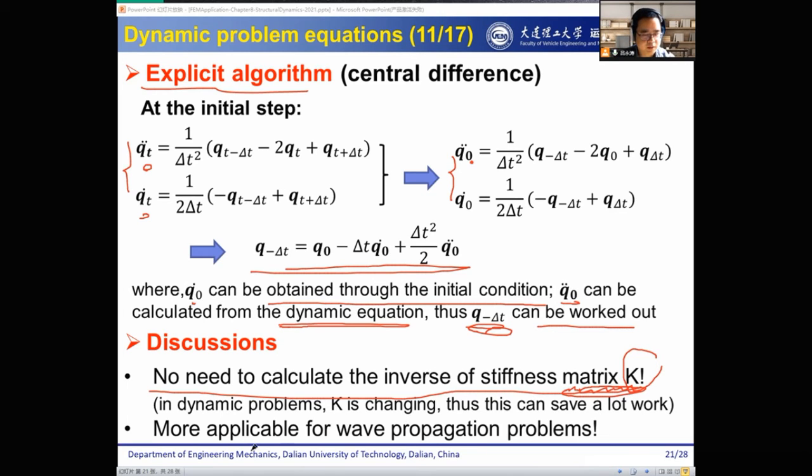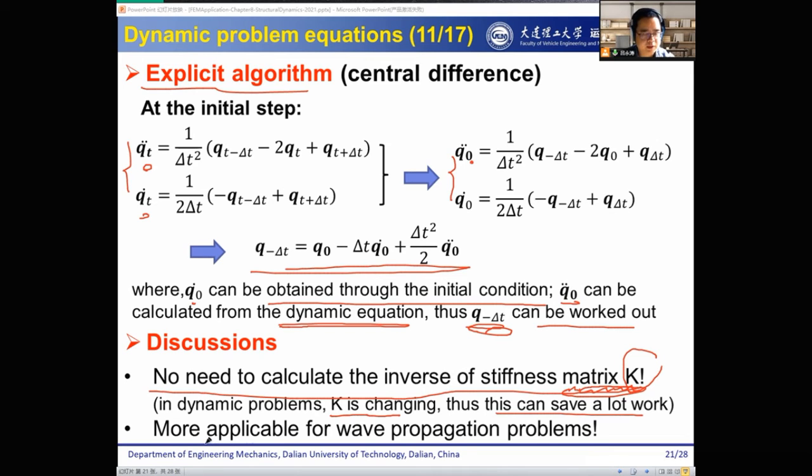In a dynamic problem, the stiffness matrix is changing, so not calculating the inverse can save a lot of time. For the dynamic case, it is even better to not calculate the inverse of the stiffness.